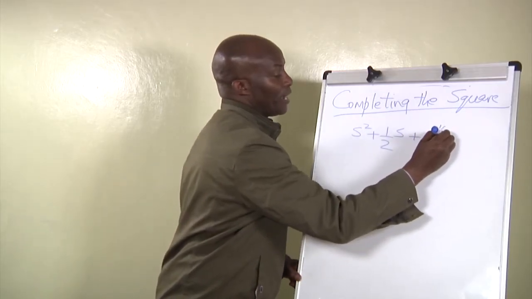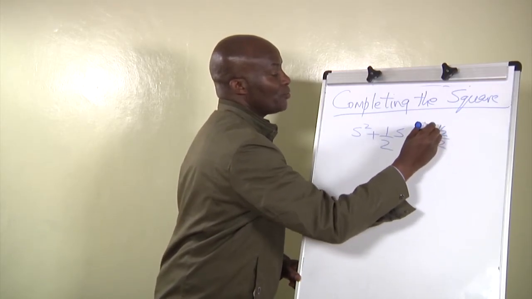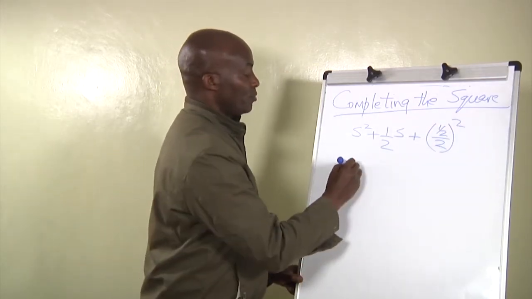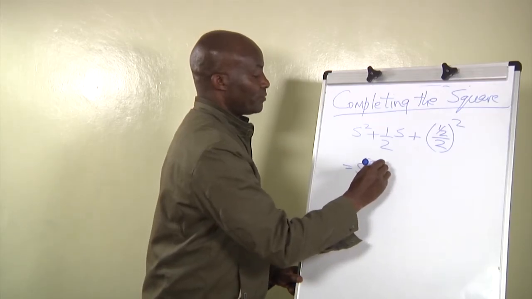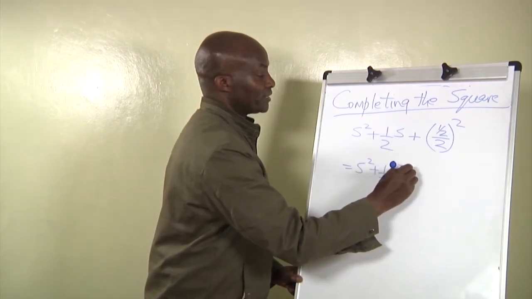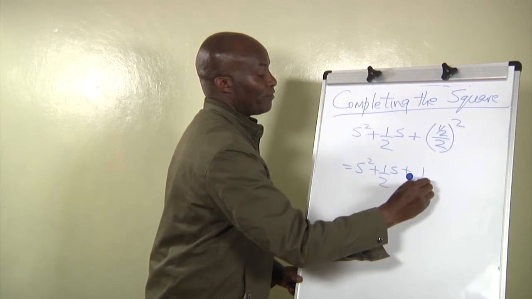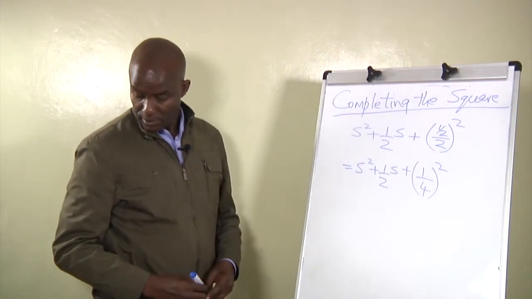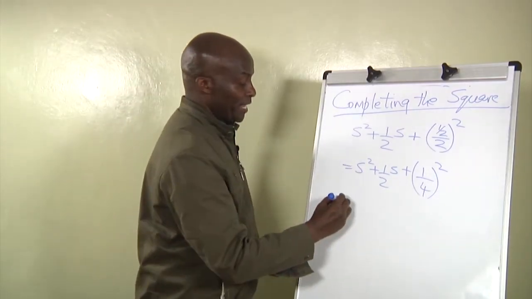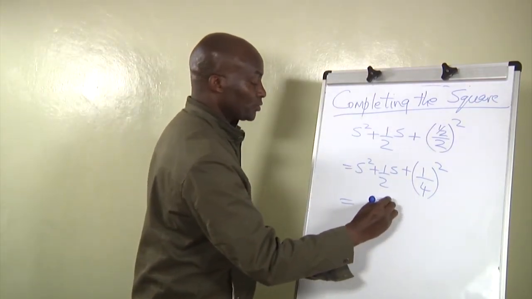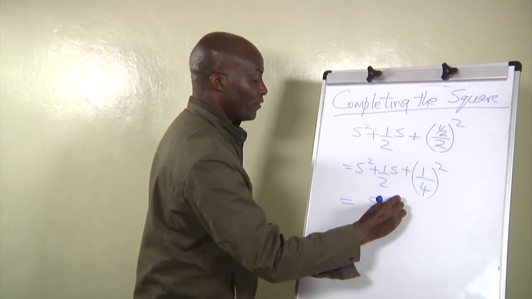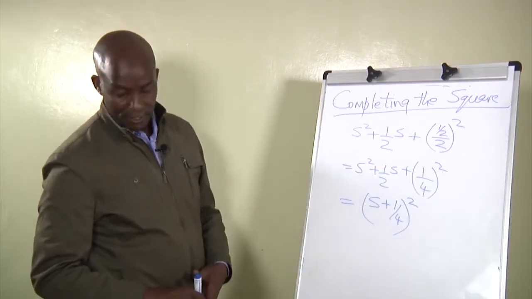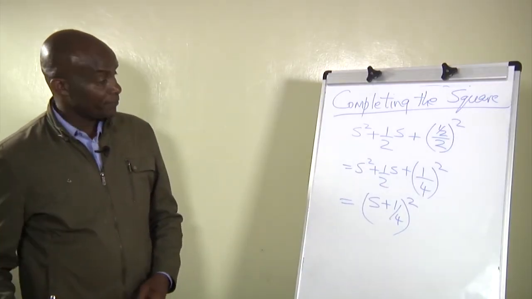So a half, that means divide by 2, whole squared, which will be equal to s squared plus a half s plus 1 over 4 squared. And therefore, this will be a square of s plus 1 over 4. And so you can see it's a perfect square.